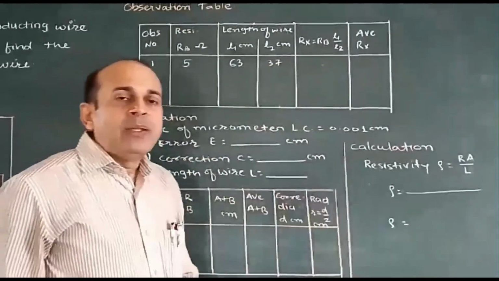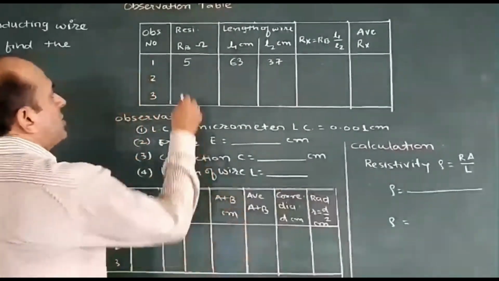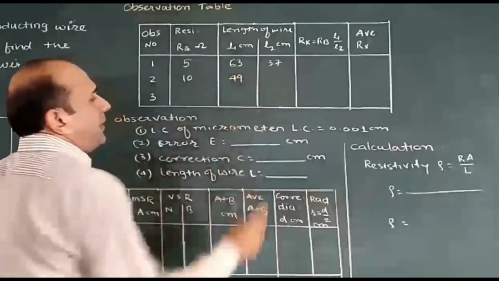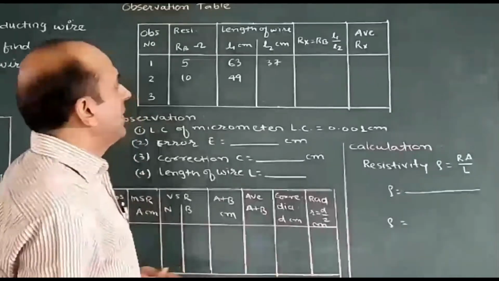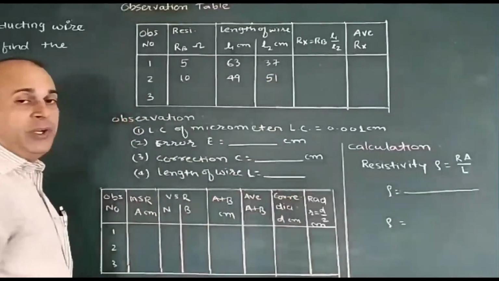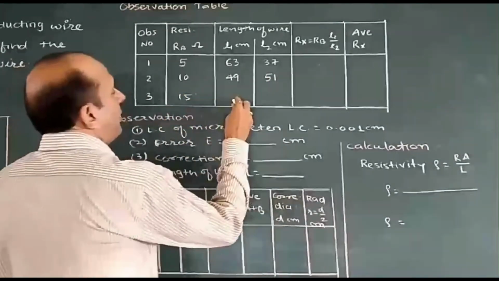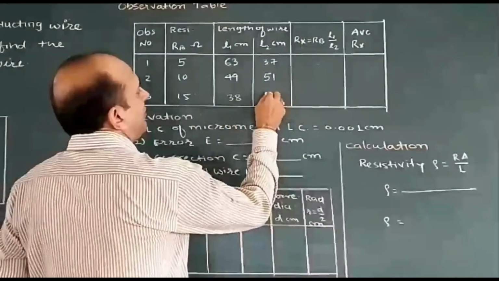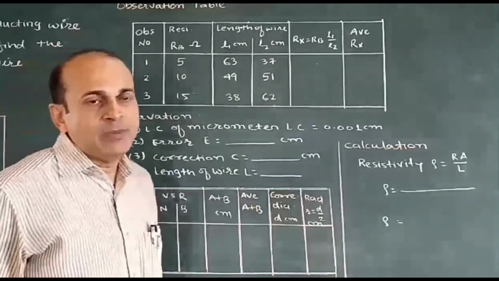When the resistance RB is 10 ohms, the null point L1 was 49 centimeter, so L2 is 100 minus 49, which is 51 centimeter. For 15 ohms in the resistance box, the null point was 38, and obviously then L2 will be 62 centimeter.